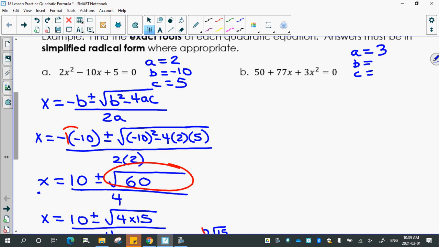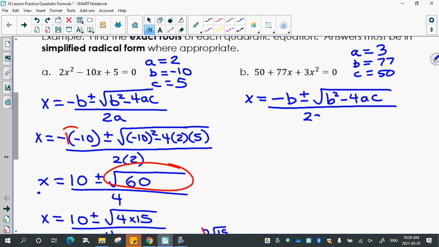Did you guys get 3 for A? And 77 for B and 50 for C? Okay, no big tricks, good. Then write the formula, x equals negative b plus or minus the square root of b squared minus 4ac all over 2a.